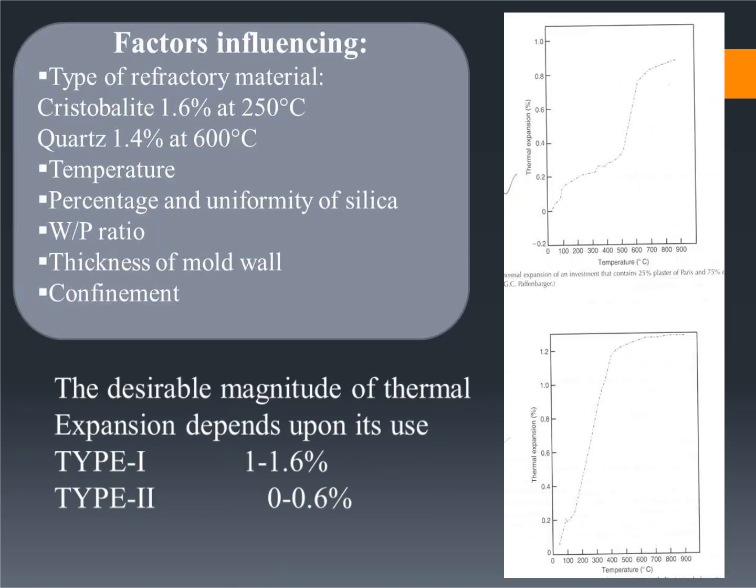Factors influencing it are the type of refractory material, that is cristobalite 1.6% at 250 degrees Celsius and quartz 1.4% at 600 degrees Celsius; temperature; percentage and uniformity of silica; water powder ratio; thickness of mold wall; and confinement. The desired magnitude of thermal expansion depends upon its use, that is type 1, up to 1.6%, and type 2, 0 to 0.6%.